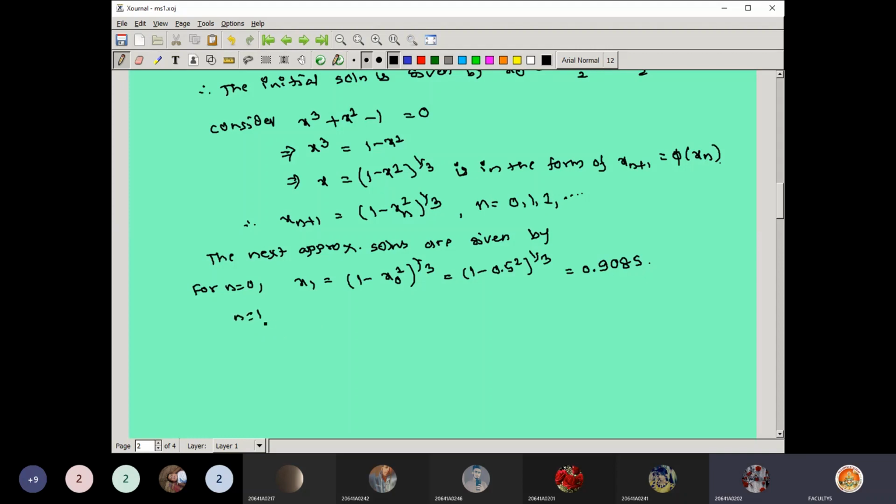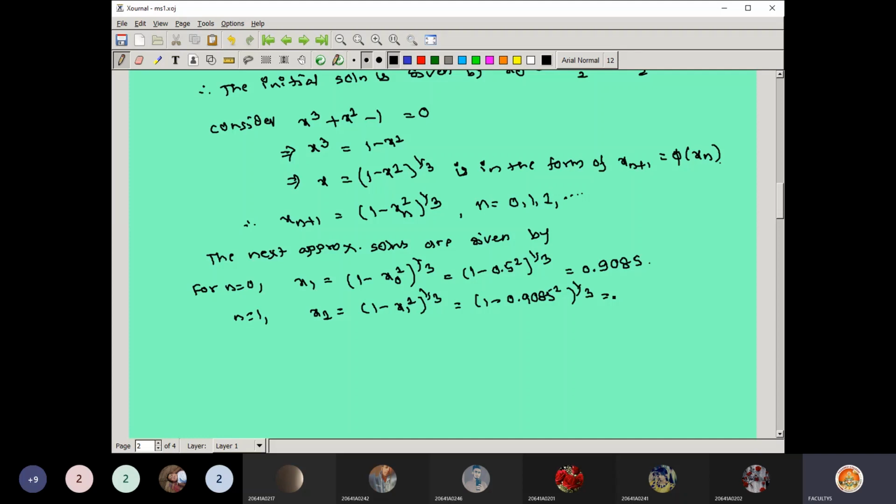Okay. Next you go for n equal to 1. Your left-hand side is x2, so it is 1 minus x1 square power 1 by 3. Left side is n plus 1, right side is n. So 1 minus x1, which you already calculated as 0.9085 square, power 1 by 3. Again you do the simplification.